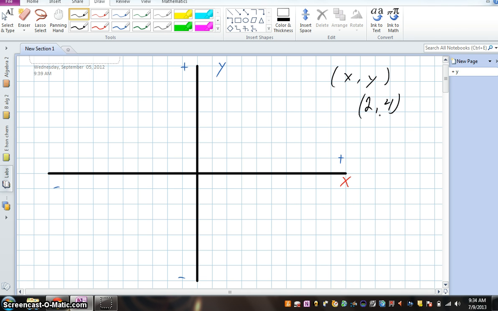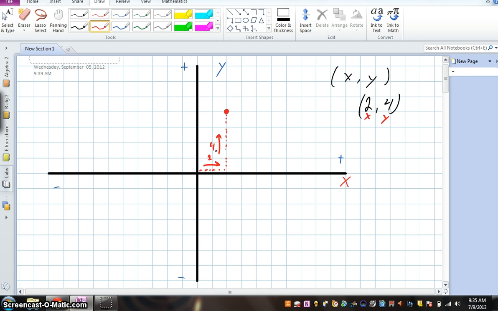I always go side to side, then up and down, okay? That's just the way I was taught a long, long time ago. So again, this is x, this is y, so I'm going to go over 1, 2, okay, to put me right here. Then I'm going to go up 1, 2, 3, 4, which gives me a point right here, okay? So again, I went over 2, up 4, okay?